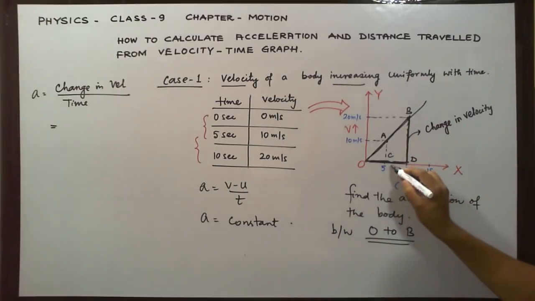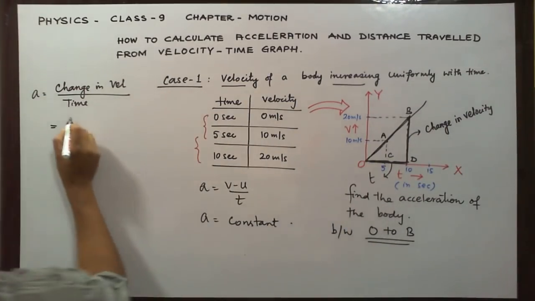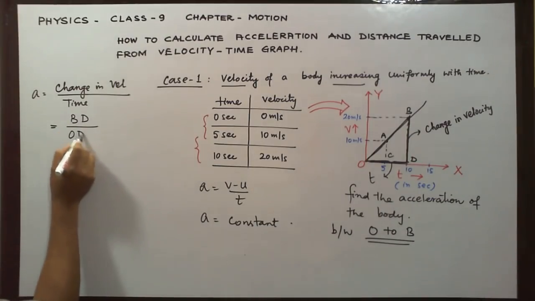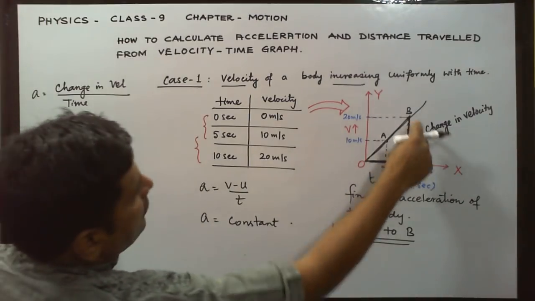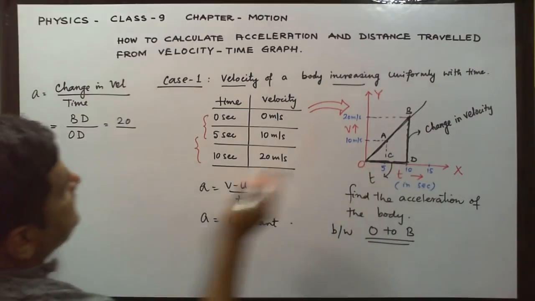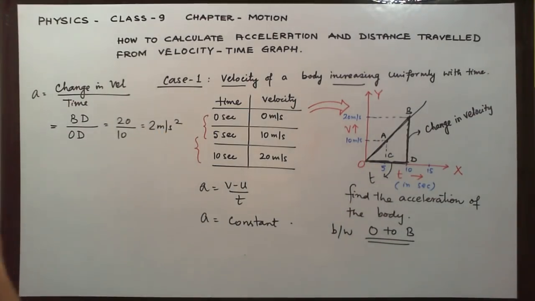So this is the time, and this B to D is the change in velocity. So what is the change in velocity here? B to D divided by OD, and this would be equal to, what is the length of B to D? It is 20 divided by O to D, which is 10, so we get 2 meter per second square.